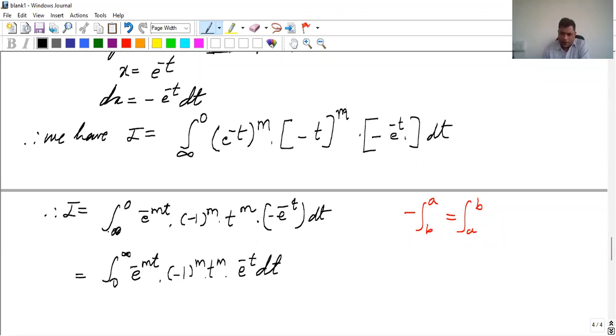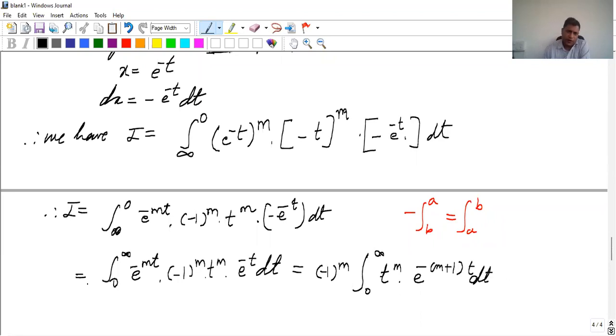This minus sign we have absorbed and we have made it from infinity to 0 into 0 to infinity. Okay, so here this minus 1 raised to m is a constant. Integral 0 to infinity t raised to m and e raised to minus (m plus 1)t. Is that okay? Are you getting this integral?